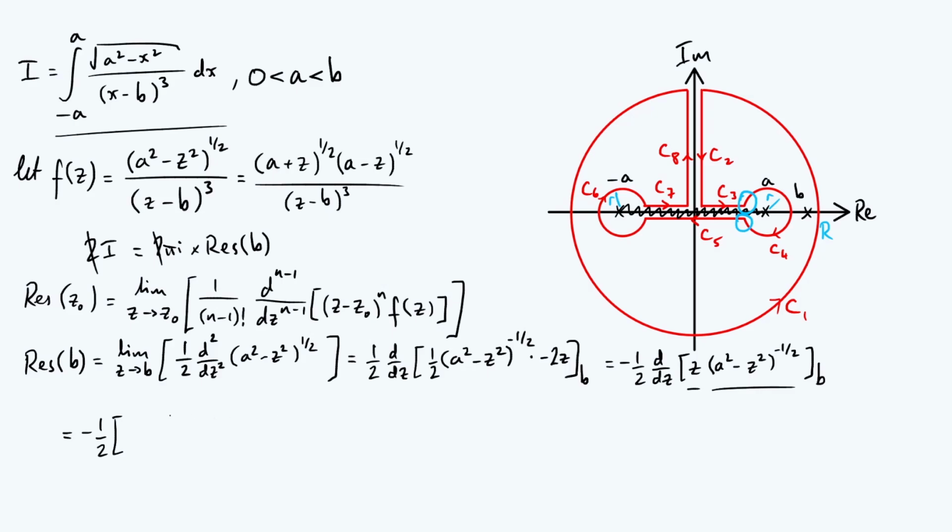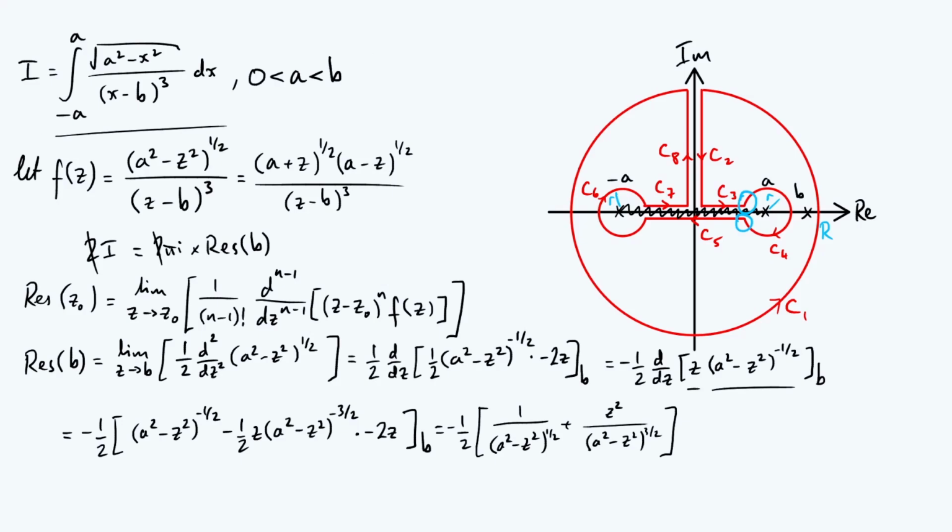First of all, let's differentiate the z and keep the more complicated function. So we've got a squared minus z squared to the minus a half. Then we're going to keep the z and differentiate the more complicated function. That's going to bring down a minus a half. You've still got that z sitting there. You've got a squared minus z squared now to the power of minus 3 halves because you've differentiated, and you've got yet another minus 2z from the chain rule, and all of that evaluated as z goes to b.